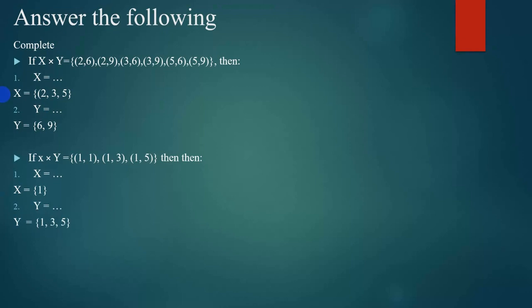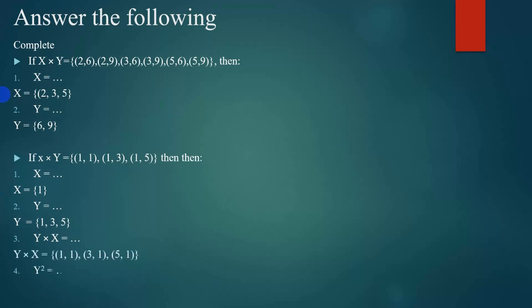So y is the set of 1, 3 and 5. Number 3, y cross x. It's even easier than 1 and 2, because we are going to shift the projections. Okay, the first will be the second and the second will be the first. That gives us the ordered pairs (1, 1), (3, 1), (5, 1).